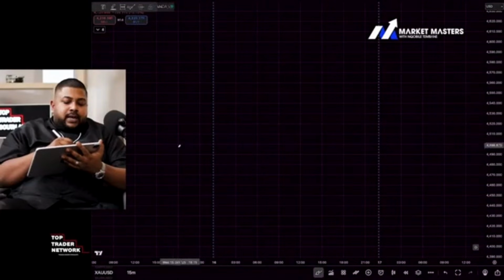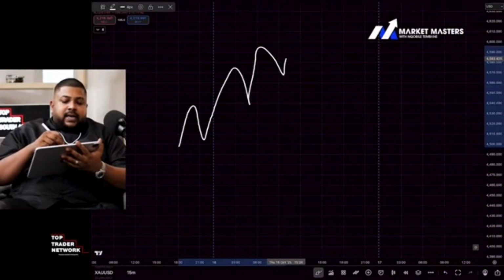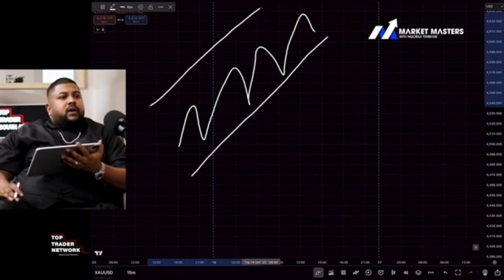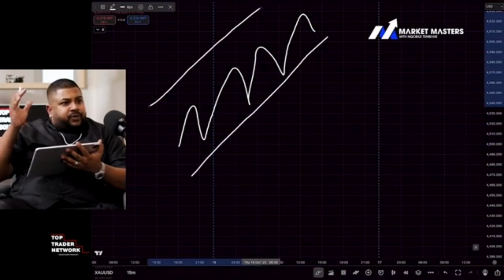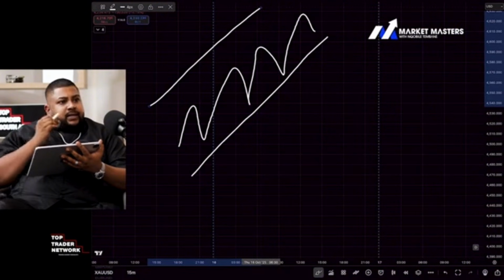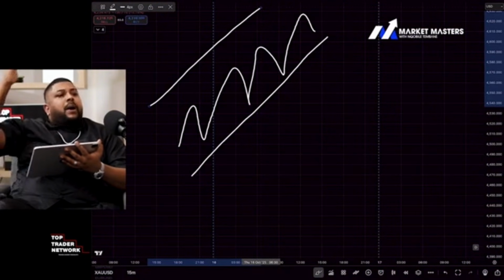So one thing to understand, bro, this is one of the core strategies that we teach. But before we dive into the strategy, I just want people to understand basic market structure. In the market, you get higher highs and higher lows, and that in turn forms an uptrend or a bullish market. So ideally, you want to be buying at a low price, and hopefully it will go up.